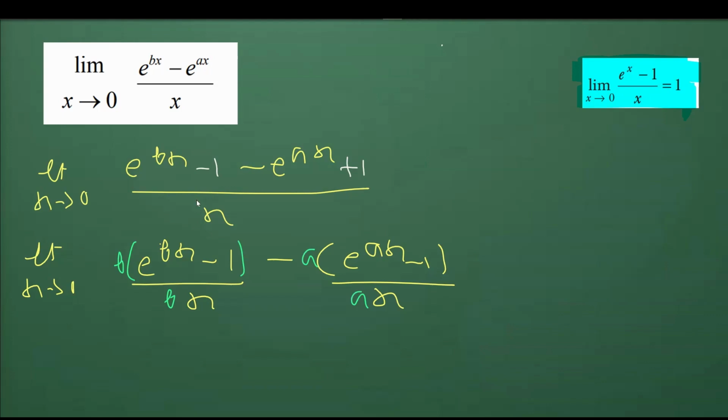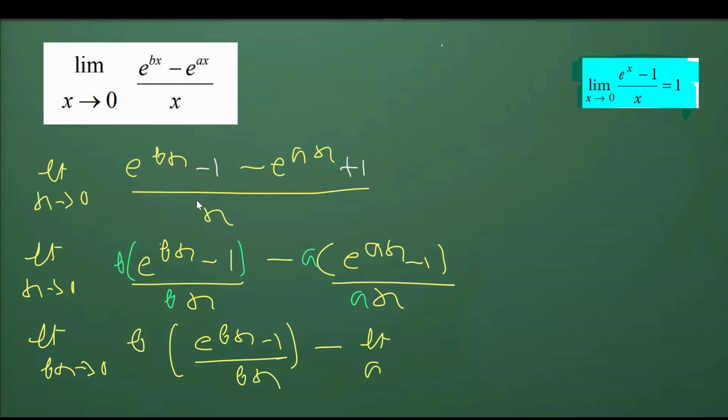So now applying the limits separately. Limit x tends to 0, that means bx and ax will tend to 0. So I can write bx tends to 0, and b, let's write over here only. So this is b, and this is e raised to the power bx minus 1 over bx, and applying a separate limit over here, this time limit ax tends to 0. As x tends to 0, ax tends to 0.